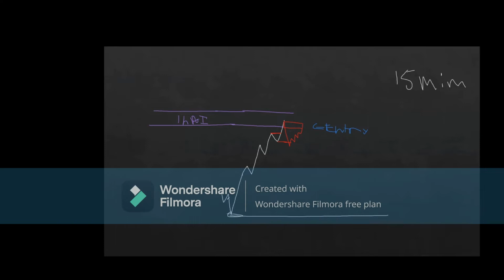Because this is a 15-minute range, 15-minute structure, we can start using the 5 and the 1 minute, and seconds time frames. So this confirmation entry, most likely you got it on the 1 minute.